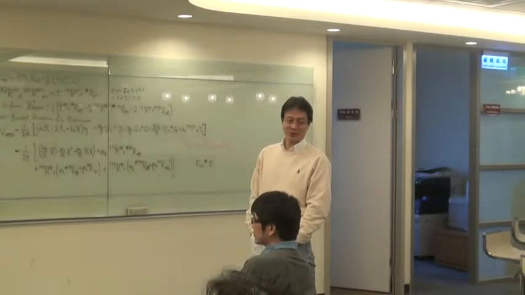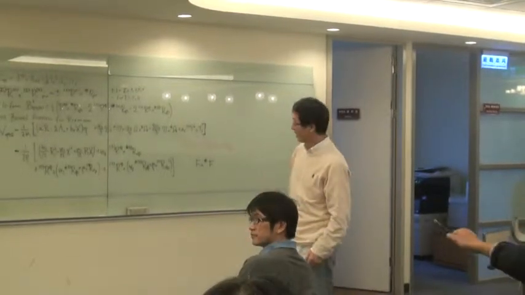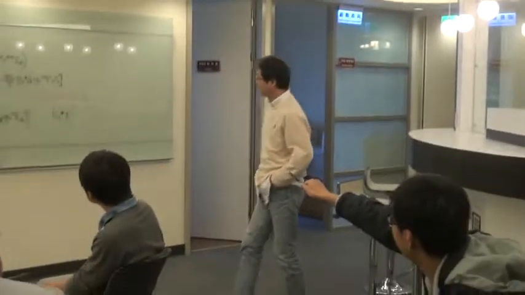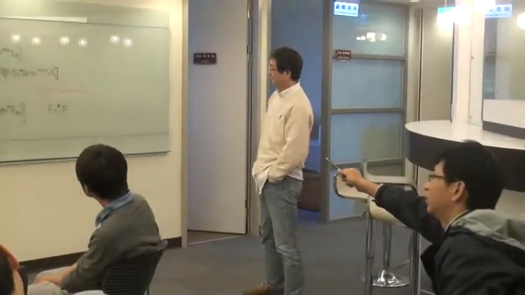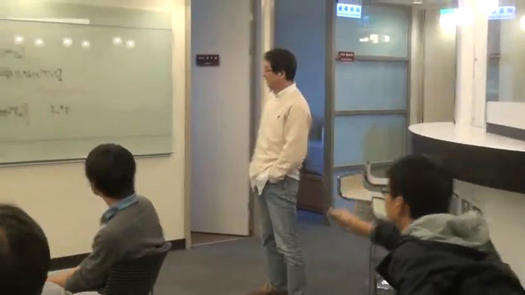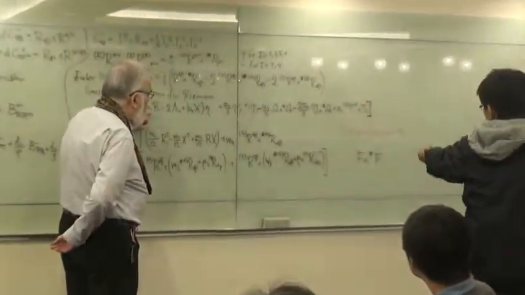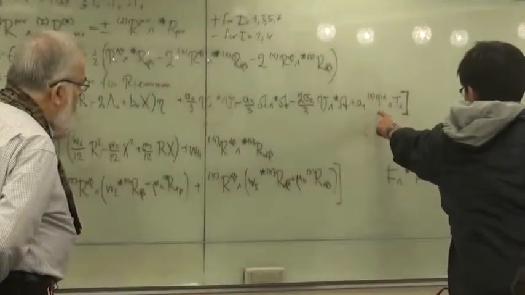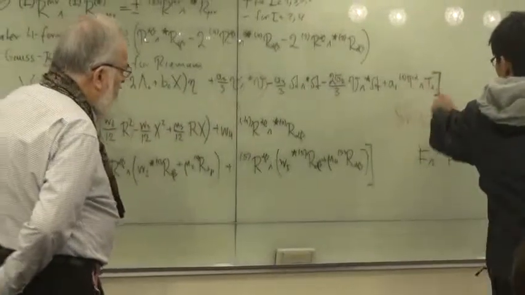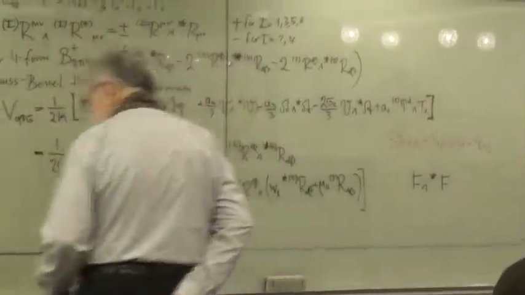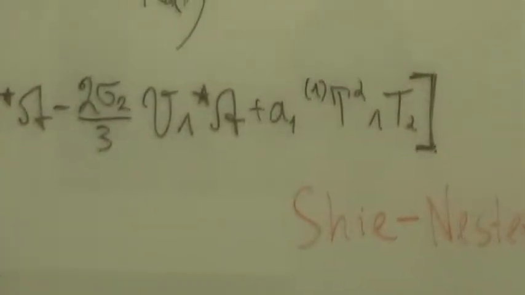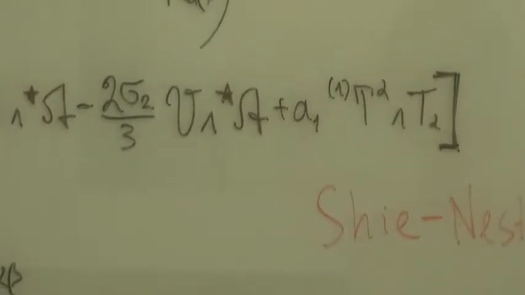Anybody have further questions? I want to check whether the A1 term is even parity or odd parity. This is even parity. Oh, there is a one. There is a one, I'm sorry. This is just tensor pieces.